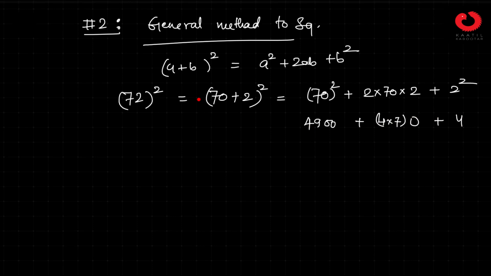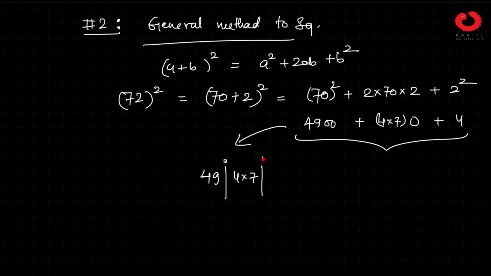Instead of writing like this, as I discussed in the subtraction lecture, we can write this with balancing lines: we write 49 then a bar, where this bar is the number 10 to the power 2. Then the second line will be 4 cross 7, with a 10, and at last it will be 4.